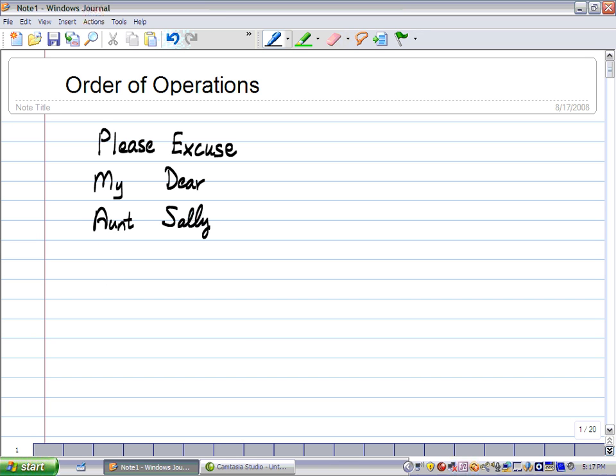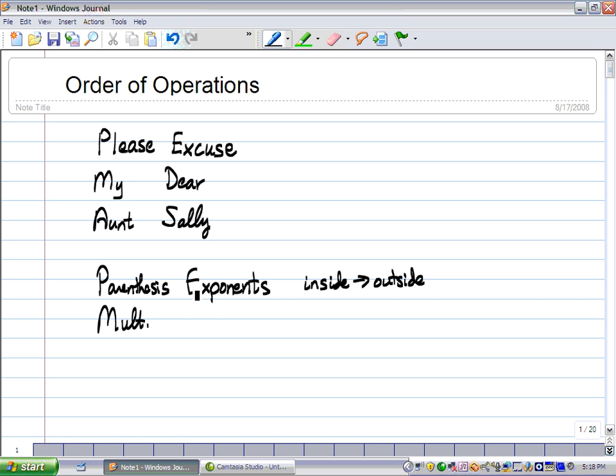The please excuse stands for parenthesis and exponents. We do these first, starting with the most inside ones and working to the most outside ones. Then we do multiplication and division. They're on the same level.